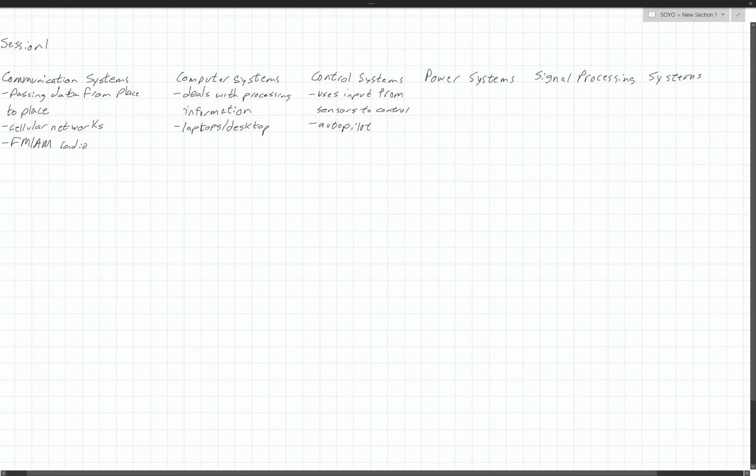Power systems is another. This has to do with the generation and distribution of power. Actually, let's just do a slash here.